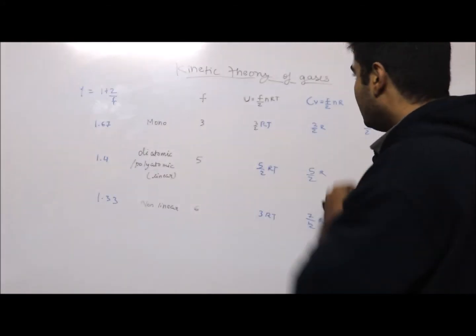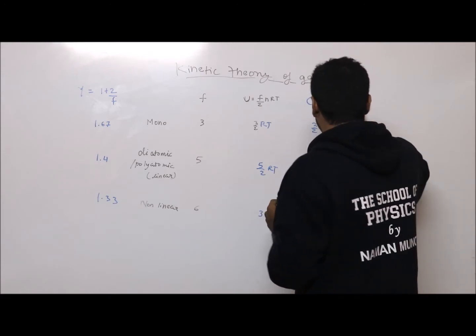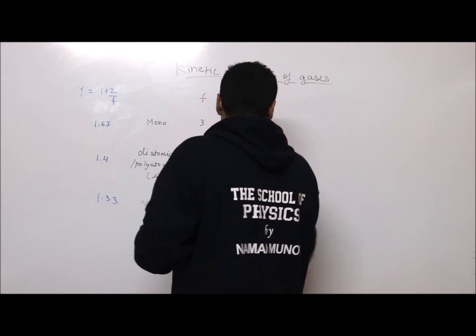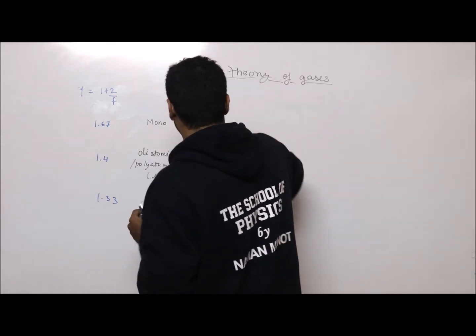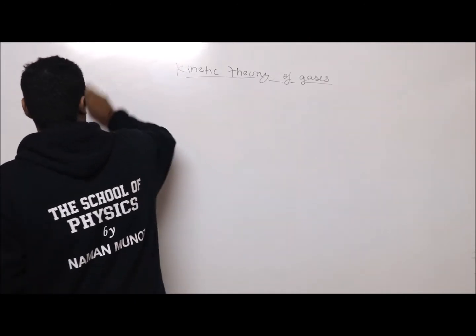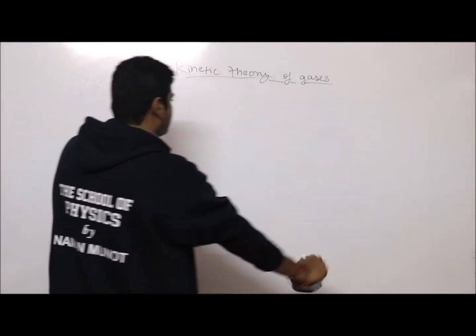So next we go to Maxwell's distribution of speed. What is the root mean square speed? What is the most probable speed? And also the average speed. So this is the Maxwell's distribution of speeds.